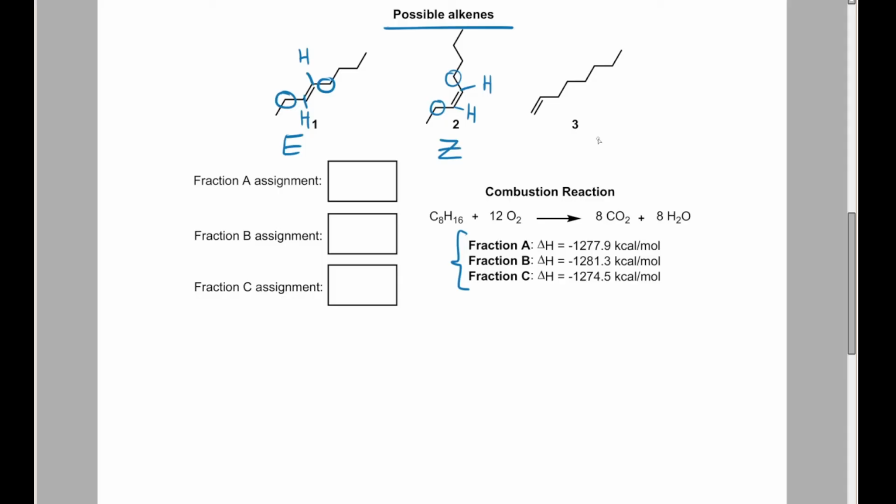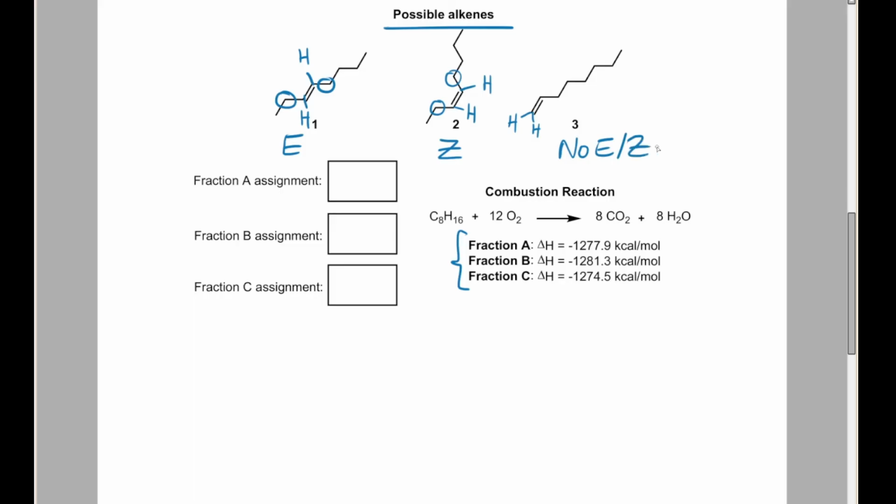For the third alkene, this can't be assigned E or Z configuration because one of these sides has 2 of the same groups. It has 2 hydrogens, and one of these hydrogens is not greater priority or greater molecular weight than the other, so this has no E or Z configuration.